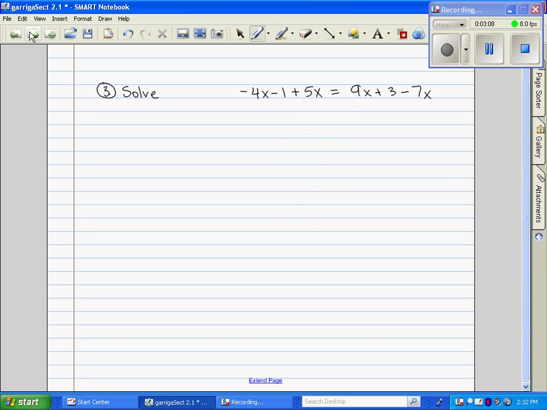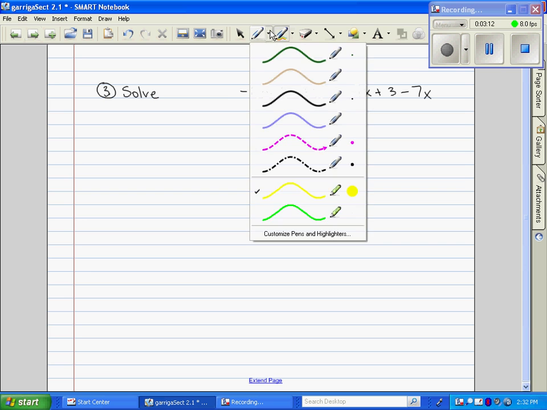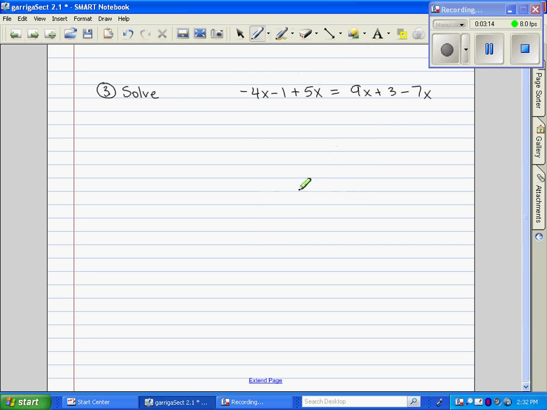Okay, we're going to get increasingly more difficult as we go. We're going to take one step at a time. I want to simplify the left-hand side of my equation and my right-hand side of my equation. I need to do everything I can to simplify it. So I want to see if I can add like terms on the left. Negative 4x and a positive 5x are like terms.